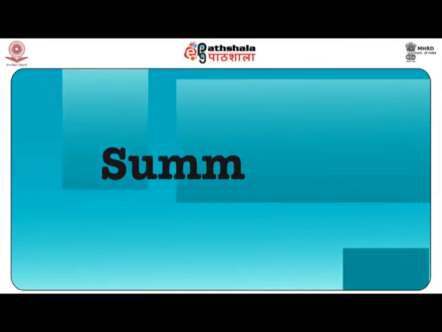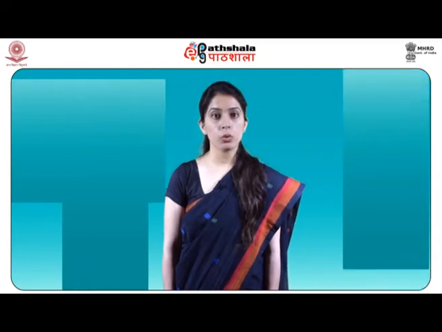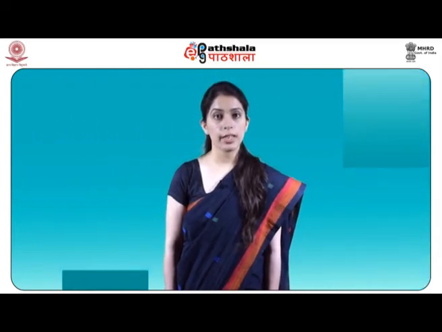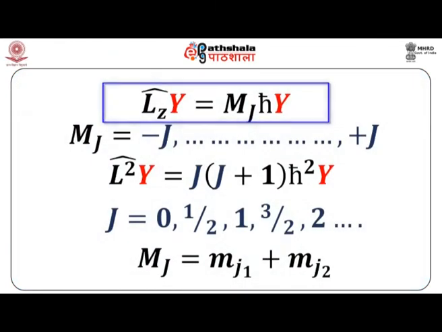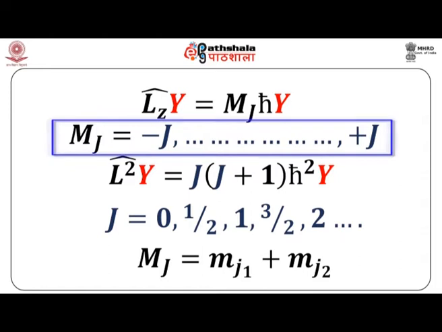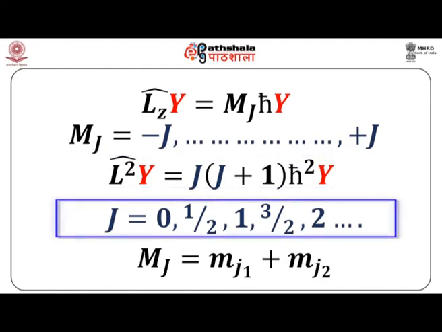With this, we can now summarize this module. We found that the eigenvalue equations for total angular momentum for a 2-electron system obey Jz psi equals capital Mj h cross psi, where capital Mj is the eigenvalue and it can take values from minus capital J to plus capital J, and J square psi equals capital J into (capital J plus 1) h cross square psi, where J can take up values 0, 1 by 2, 1, 3 by 2, 2 and so on.